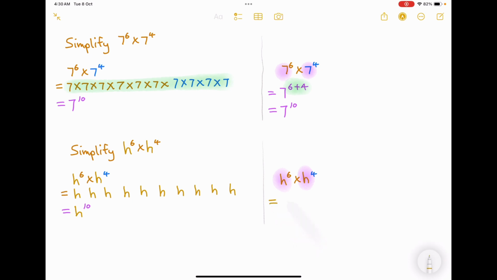So we write H one time. The first index is 6. The second index is 4. We add them up to get H to the power 10.